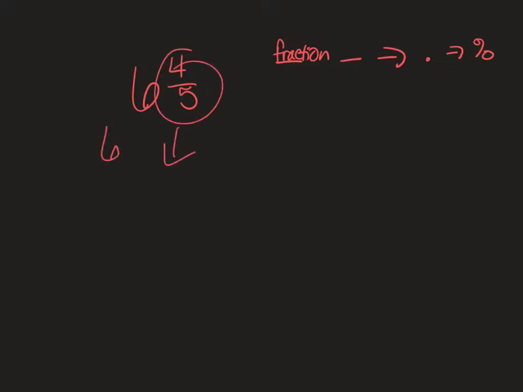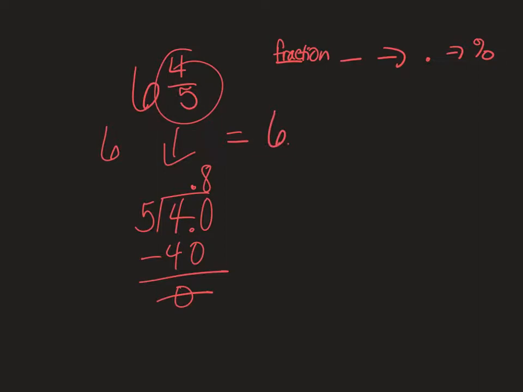You're going to do your long division. 5. Put your decimal there. Annex your 0. So then you're going to have 6.8. Correct? You got your whole number right here, and your decimal part there, which gives you a decimal of 6.8.